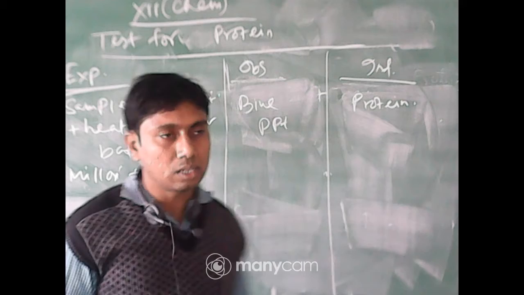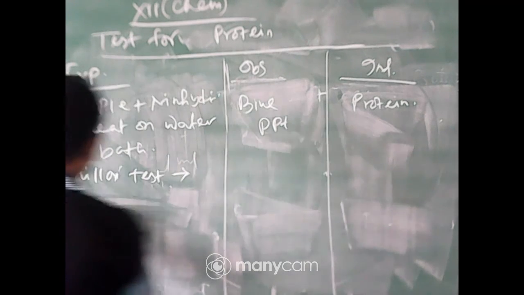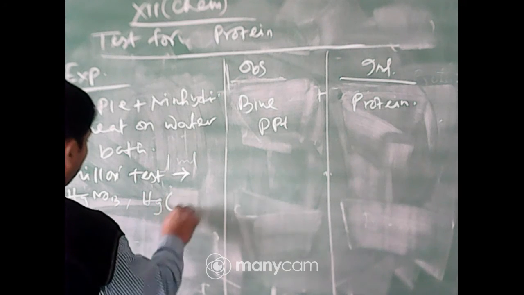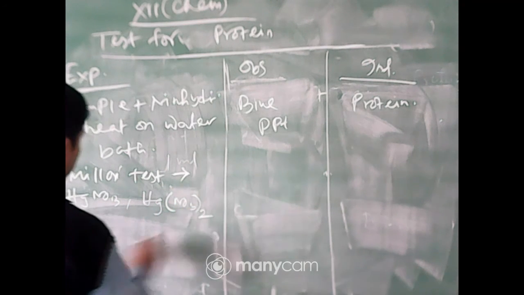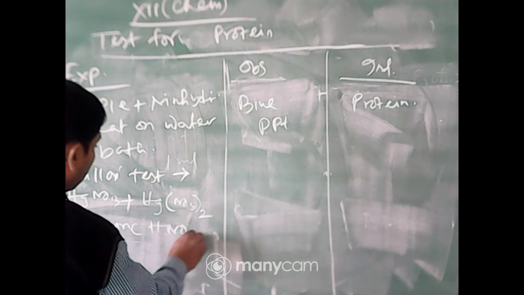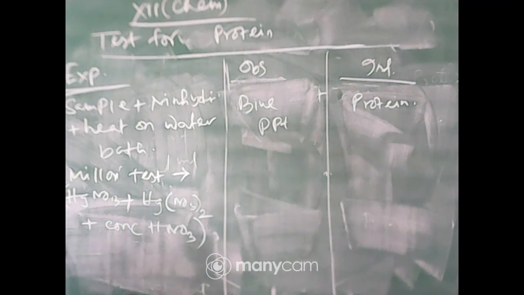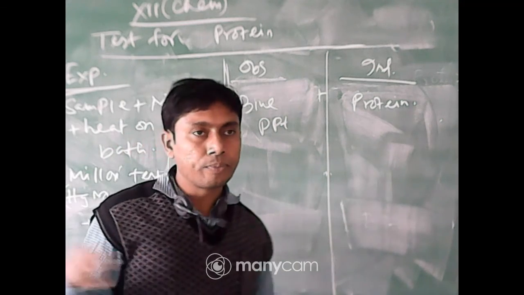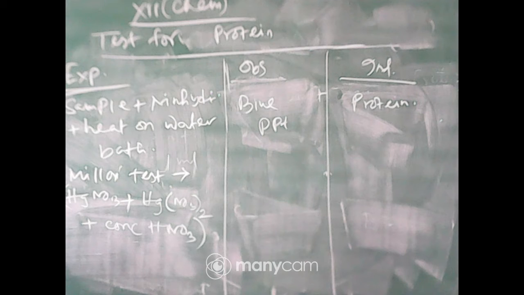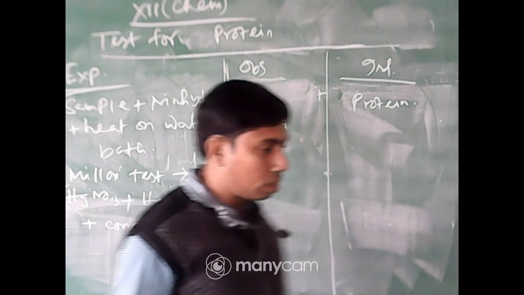This combination is put on the protein sample, and it gives a brick red color. Okay. So this is the test for protein.